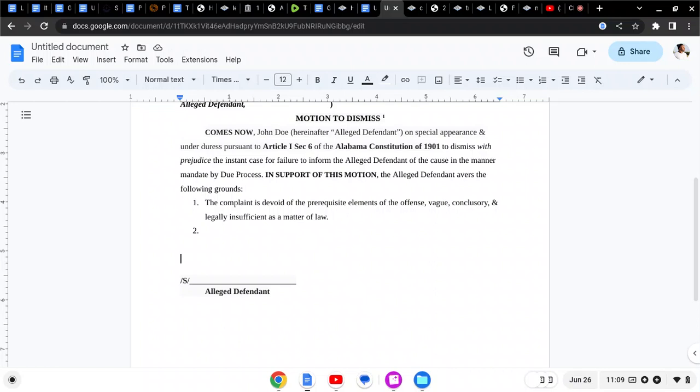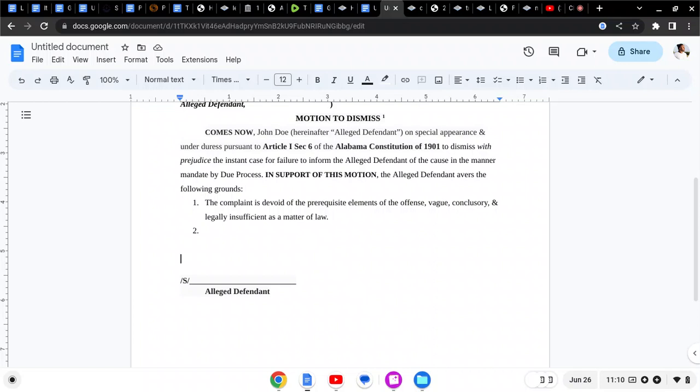What the so-called judge is going to do is accept all of the allegations that are pled against you as true, and take the relevant case law and apply it to those facts to determine if those facts are legally sufficient as a matter of law or legally insufficient as a matter of law. If they're sufficient, then you can sustain the cause of action against them. If they're not sufficient, then the cause of action's got to be dismissed.